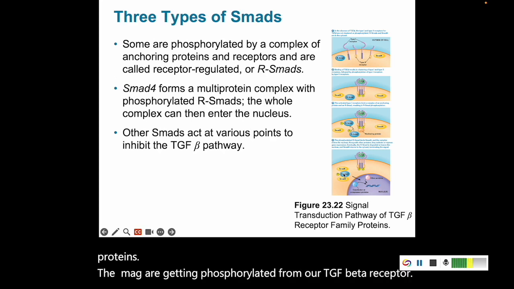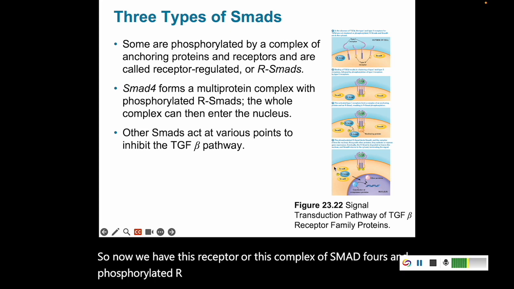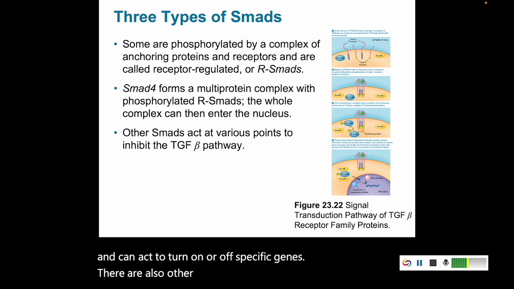So now we have this complex of SMAD4s and phosphorylated R-SMADs. This whole group goes into the nucleus and can act to turn on or off specific genes. There are also other SMADs that can act to inhibit the TGF-beta pathway.